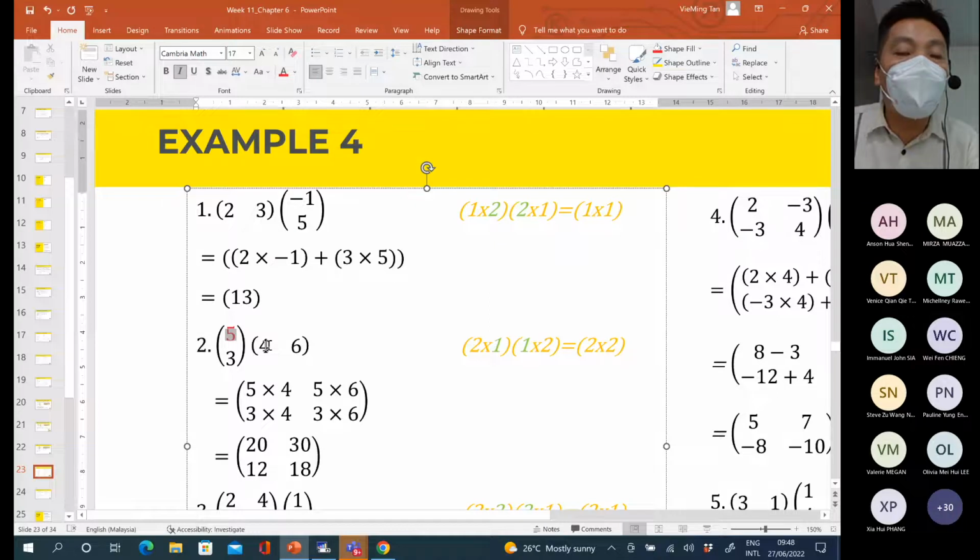I just said first row of matrix A multiply with first column of matrix B. I treat this as A, this is the B matrix. So 5 multiply 4, you'll get 20.